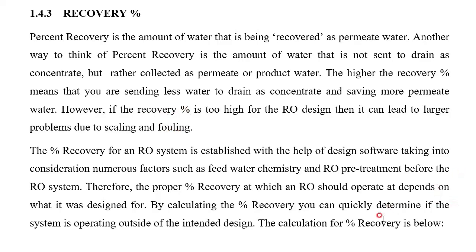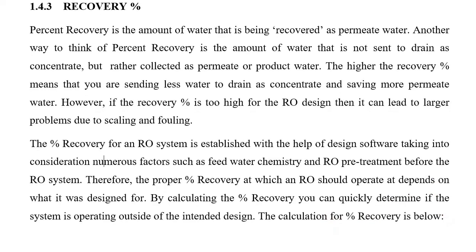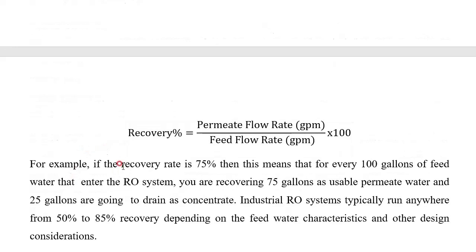So the formula to calculate the percentage recovery is given here. For example, if the recovery rate is 75%, it means that out of 100%, 75% of water we have recovered and 25% has gone as waste.